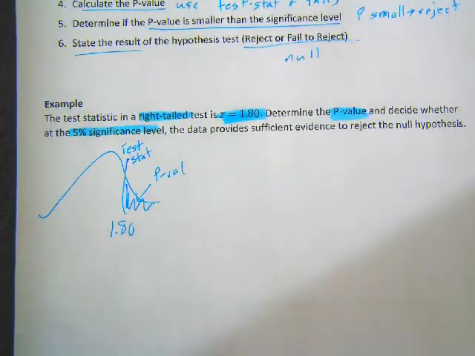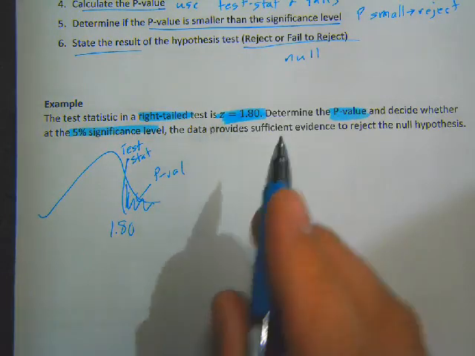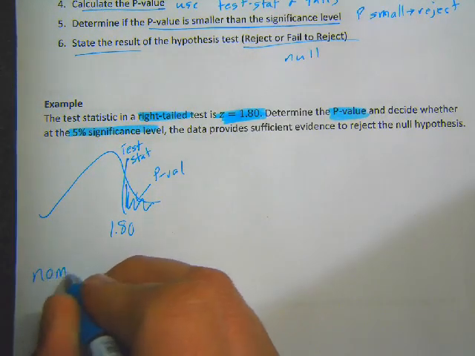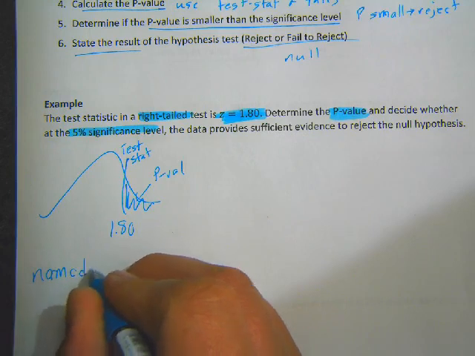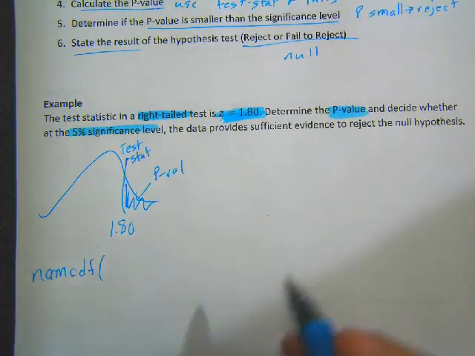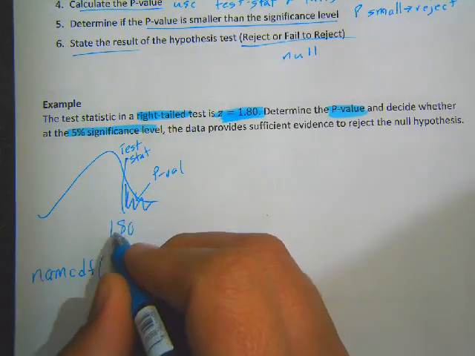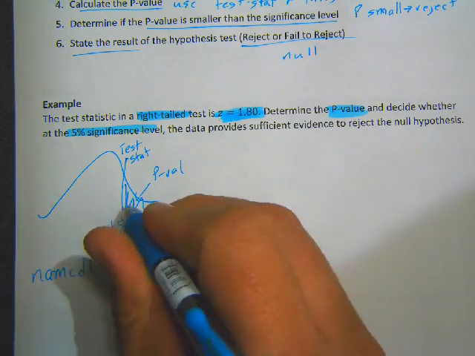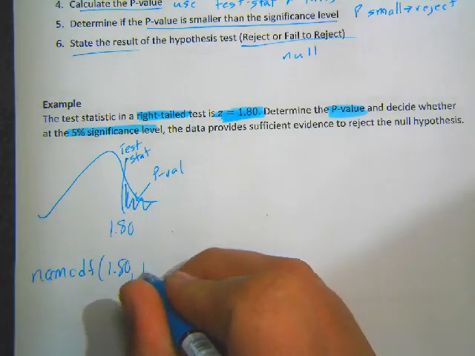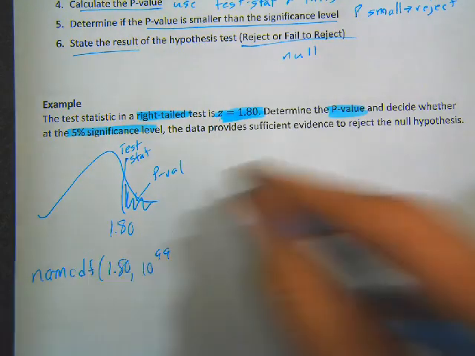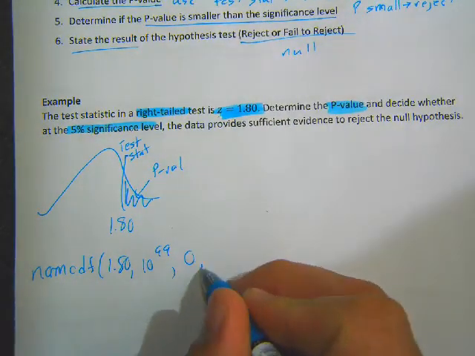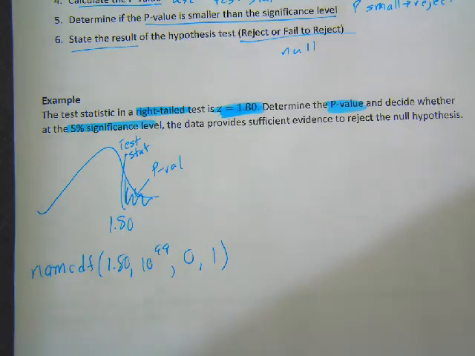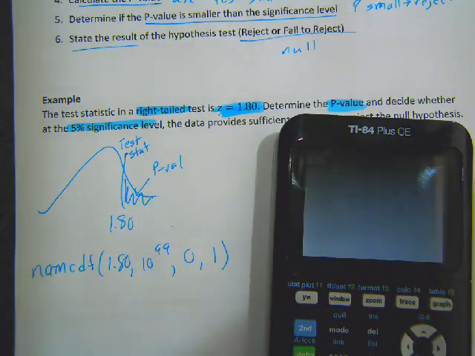Because this is a z-score, we're going to use normal CDF. My low value for normal CDF would be the 1.8. The high value, since I'm going to the right forever, is going to be 10 to the 99th, basically going off to infinity. Then 0 and 1, because it's a standard normal distribution. Now give me the area I want.